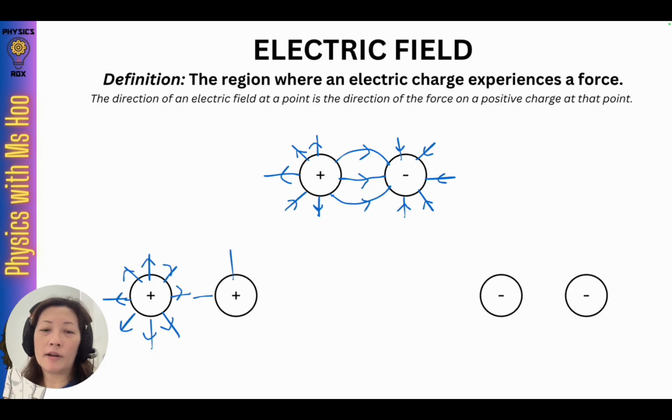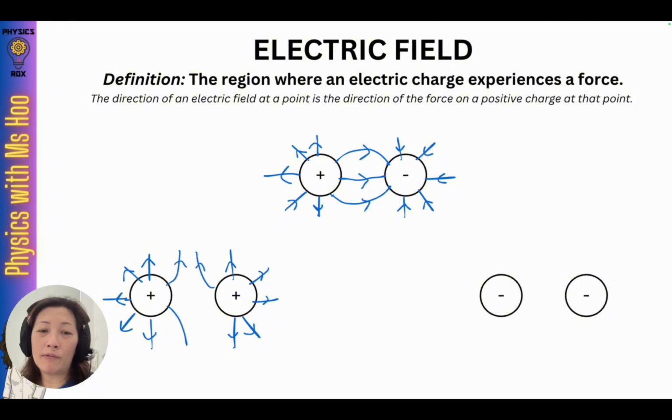And in this case, because they're both positive, both will have field lines moving outwards, and none of the field lines can combine because they're all going outwards. Field lines cannot intercept. So the lines here are going to end up pushing away from each other. You can even see in the middle here, they're going to clash with each other. They cannot combine. So as a result, the overall field line would look like this.